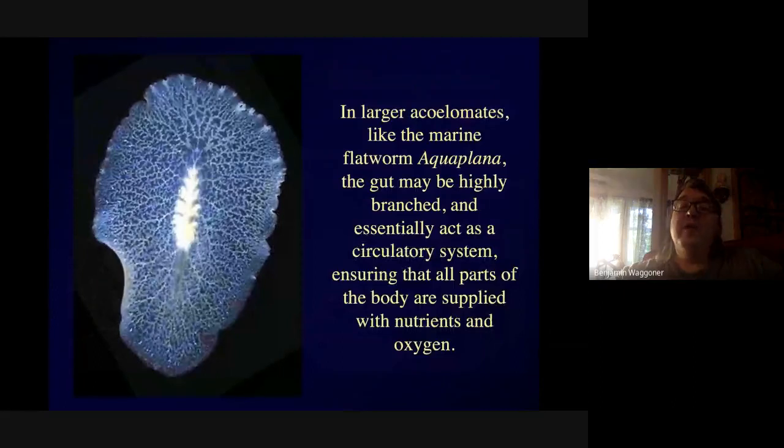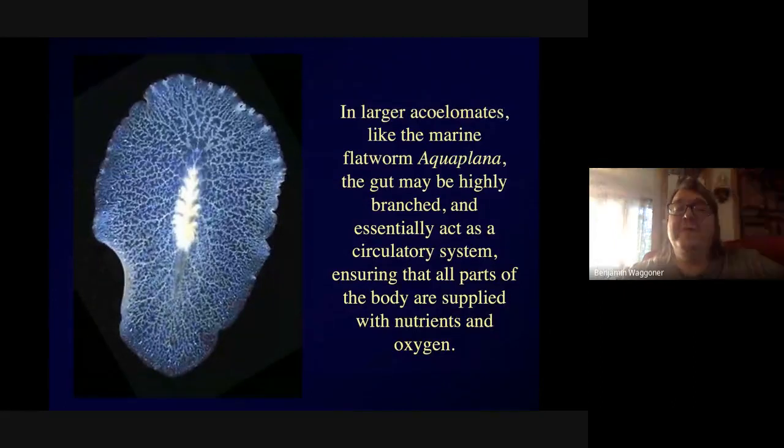There are some large acoelomates like this one. This is a marine flatworm related to the planaria worms that you might remember. It's called Aquaplana. And the white branchy stuff that you see in the center of the body is the main gut.